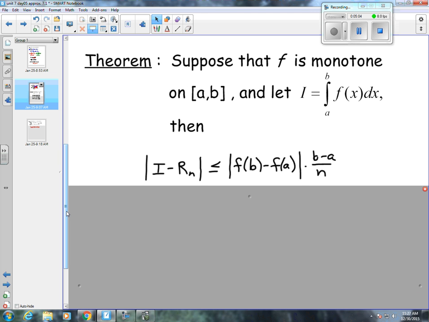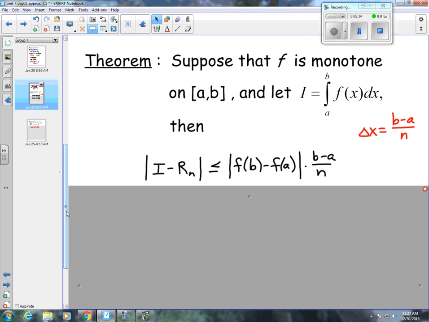Then the absolute value of the difference between the actual value of the integral and a right approximating sum using n subintervals will be less than or equal to the area of that purple rectangle, which will be the absolute value of f of b minus f of a times delta x. And delta x is calculated by taking the length of the interval and dividing by how many subintervals we have.